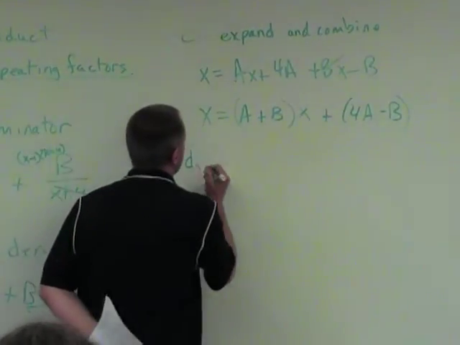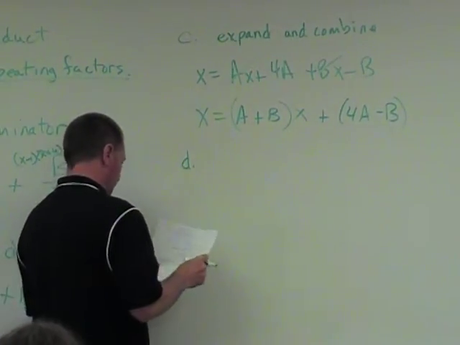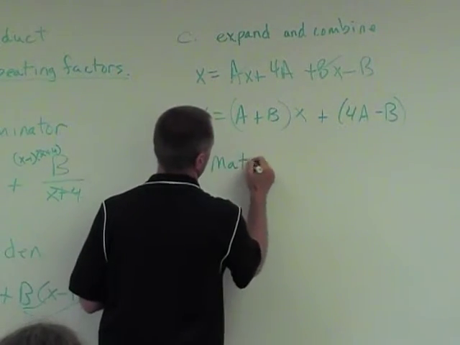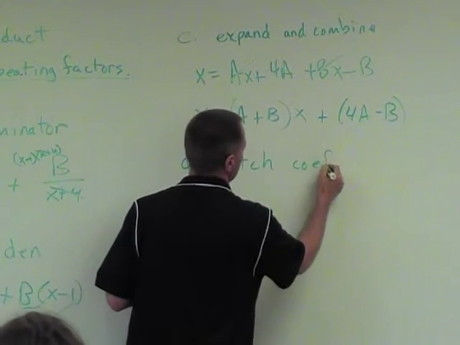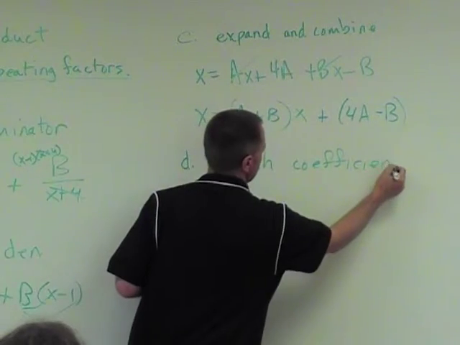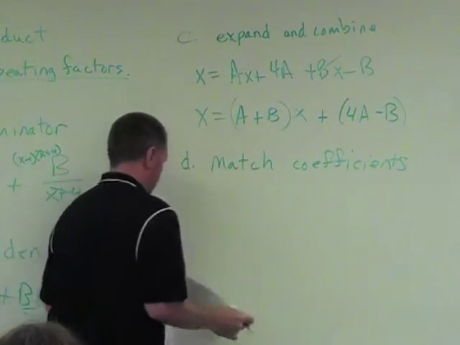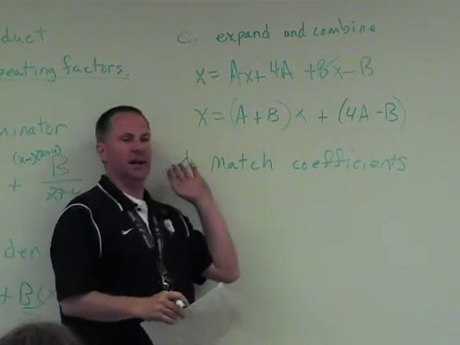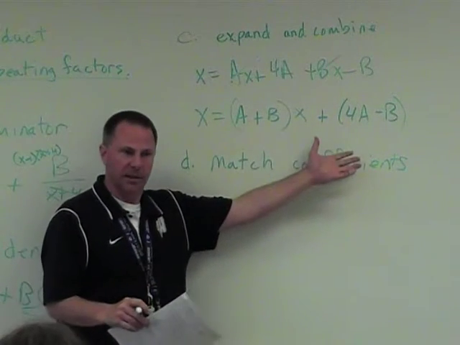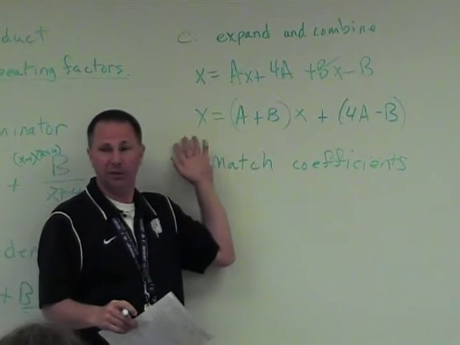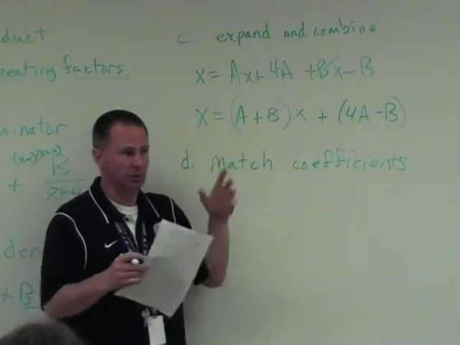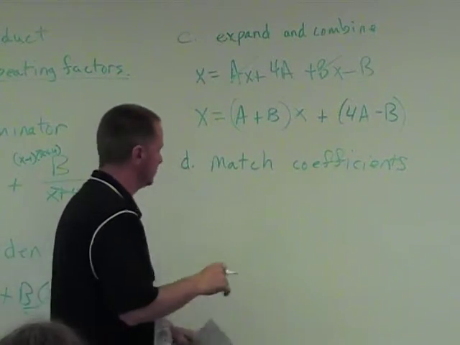Now, step D is match your coefficients. What does that mean? That means the left side is equal to the right side. No matter what's on the left, you're going to have different stuff on the left. Okay, we'll do a problem. I'll do a hard problem next.